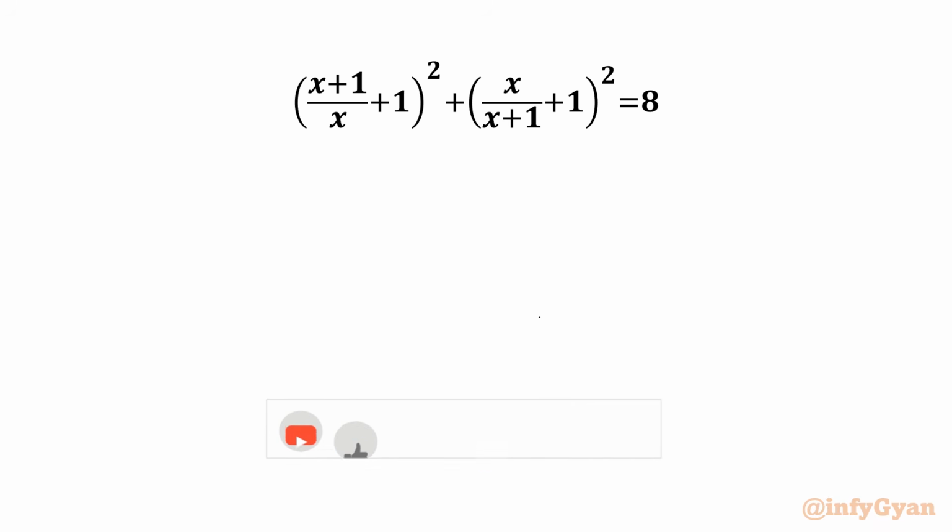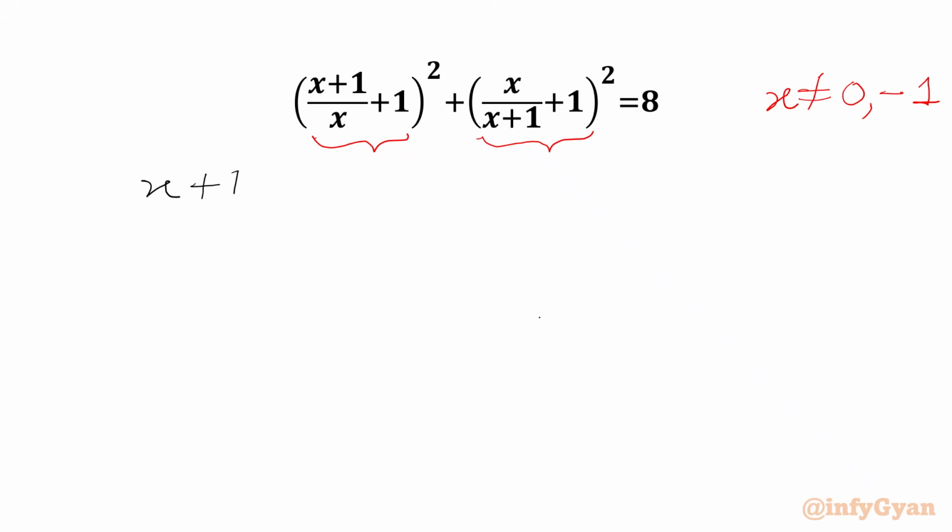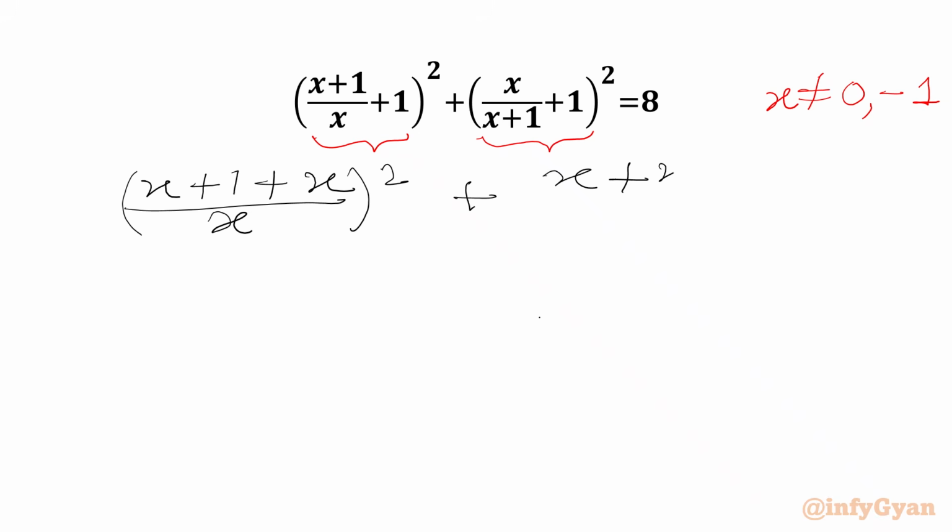Let's begin this video by writing our denominators cannot be 0. So x cannot be 0. x cannot be -1. Now we are going to take LCM for these brackets. So we can write our equation (x + 1 + x) over x whole square plus (x + 1 + x) over (x + 1) whole square equal to 8.